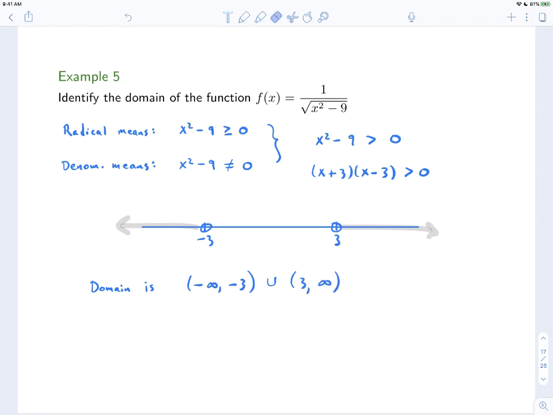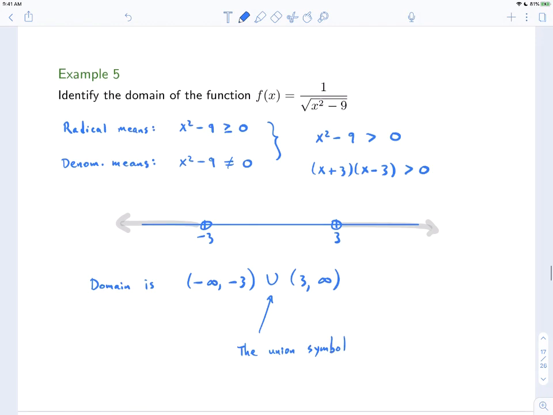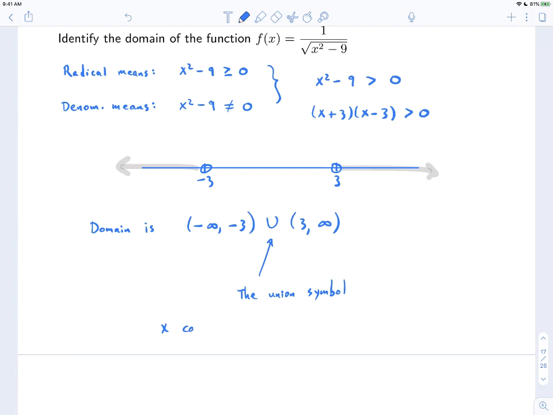So remember that this symbol here is the union symbol, and it means that x can be in either one of the sets. So x can be in minus infinity to negative 3 or 3 to infinity. So the union symbol you should think of as meaning or.